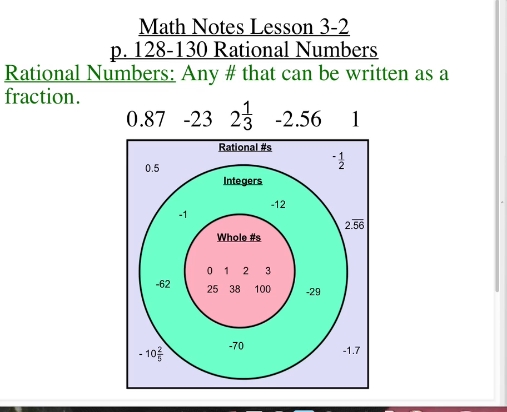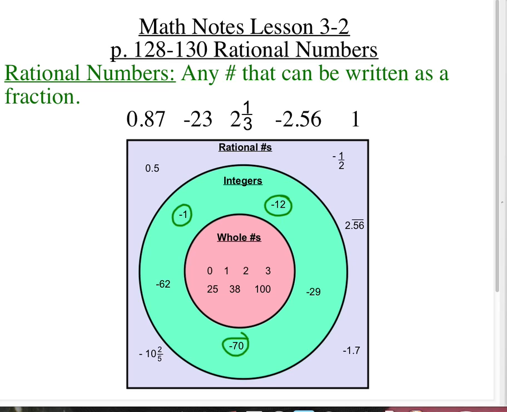So now I'm looking out here kind of in this teal or turquoise area, this greenish blue area. Integers, when we start talking about numbers that can be called integers, we start bringing in the negatives. So we have like the -1 and the -12 and the -70, so on and so forth. We still are not introducing any decimals or any fractions, so they aren't being classified yet, but at this point we've covered whole numbers, and now we're talking about numbers that can be called integers.